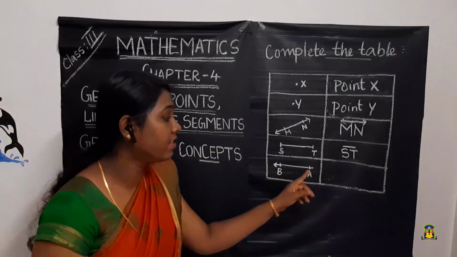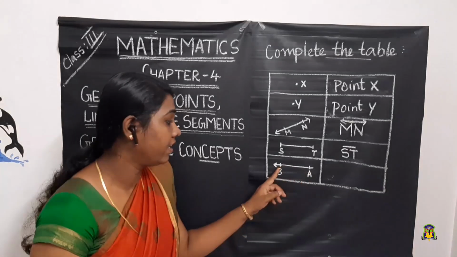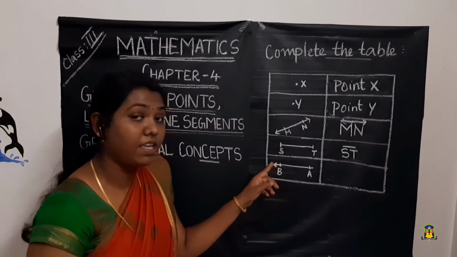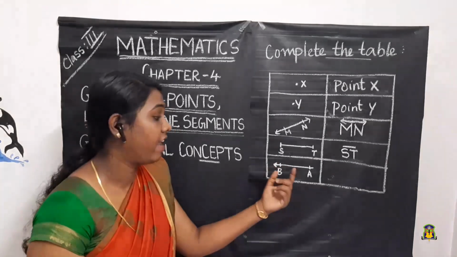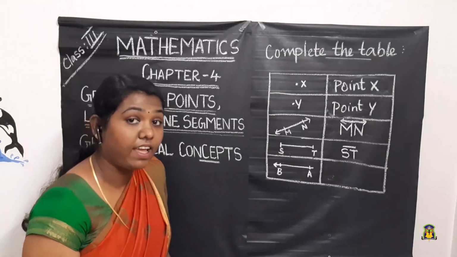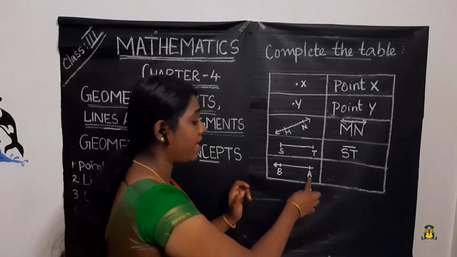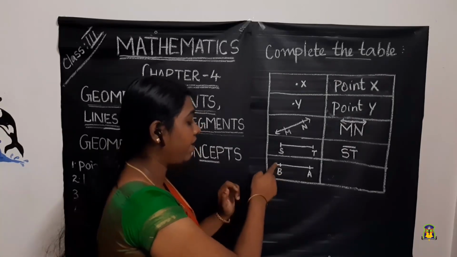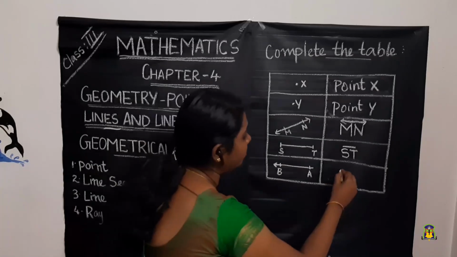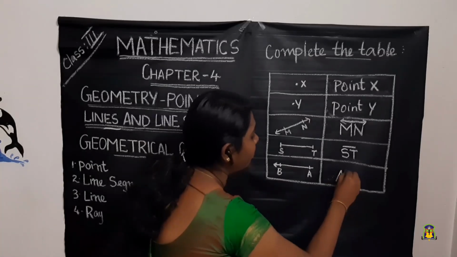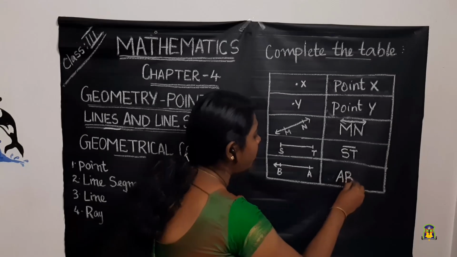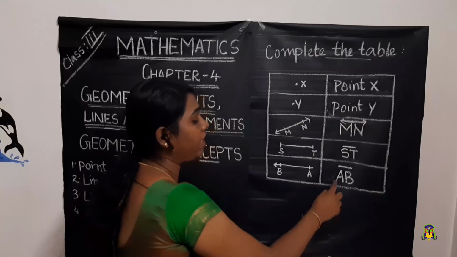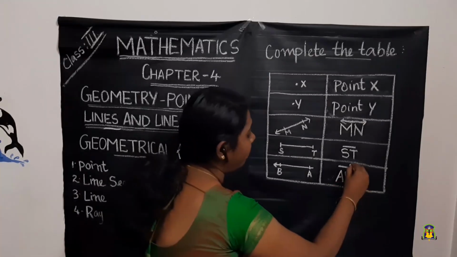So here there is a starting point, but there is no end point, because point B goes endlessly, and we call it ray AB, because A is the starting point and B goes endlessly. So this is ray AB. How will you represent ray AB? AB we will write, then a small straight line on the top of the letters AB, and then one arrow mark on the side.